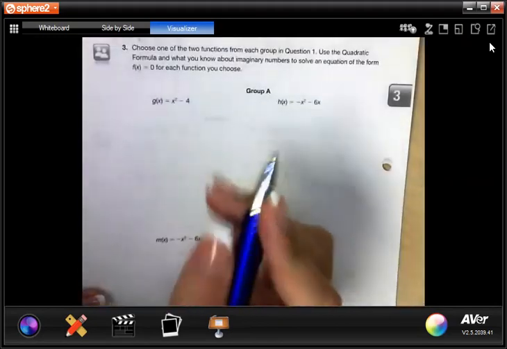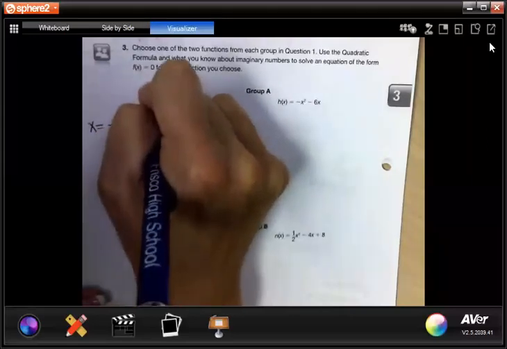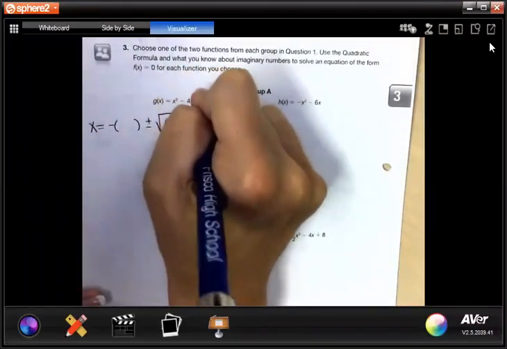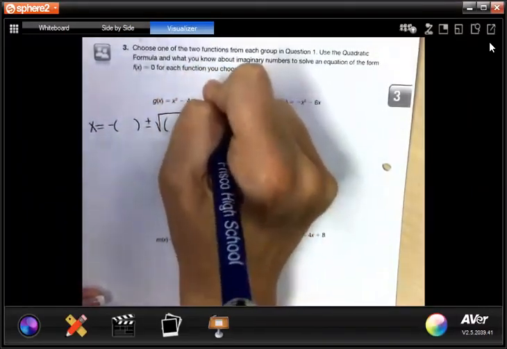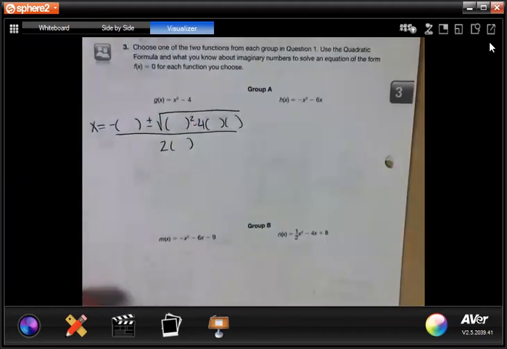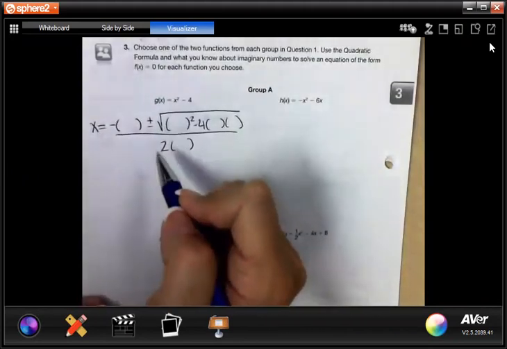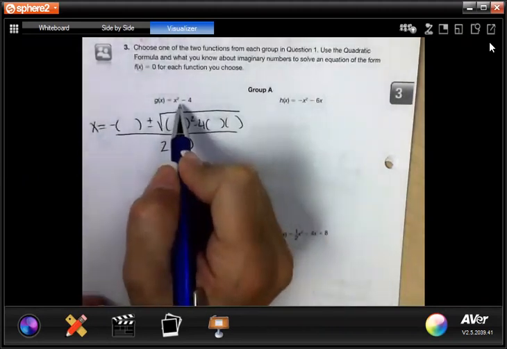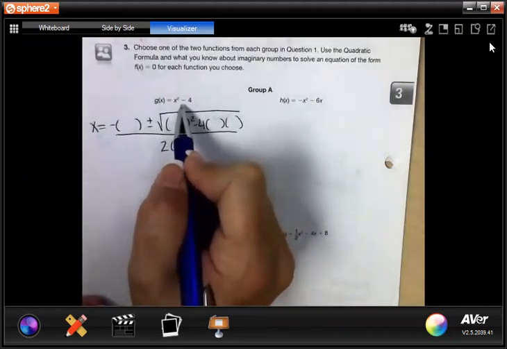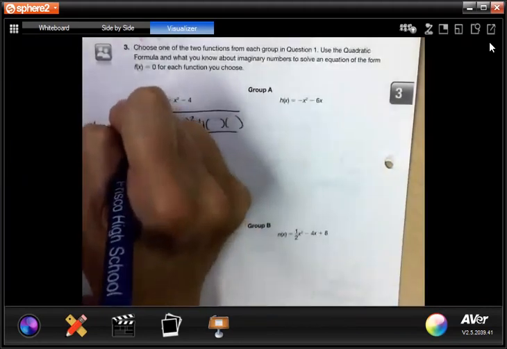And so we want to do the quadratic formula here, and we get negative b plus or minus the square root b squared minus 4ac all over 2a. So the first thing I do is substitute those parentheses. Now I'm going to go ahead and put in the information from our equation. My b value comes from whatever's in front of the x, which is not here. So we know that that is 0.